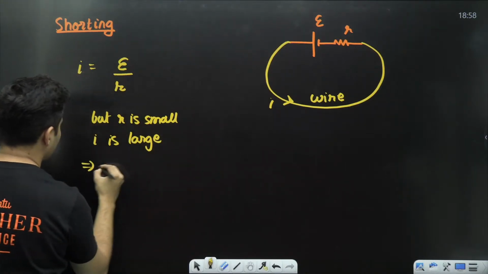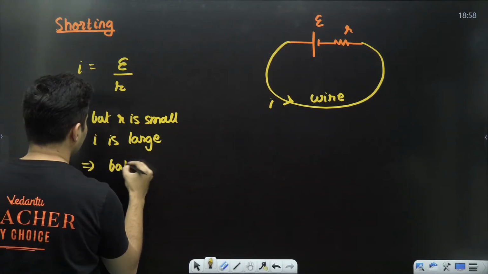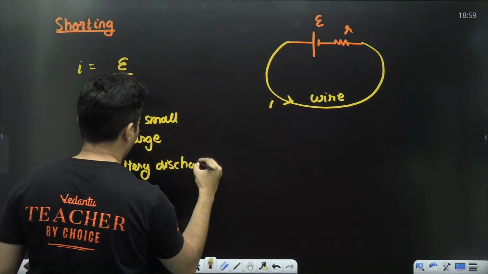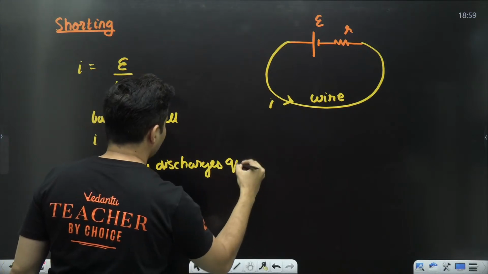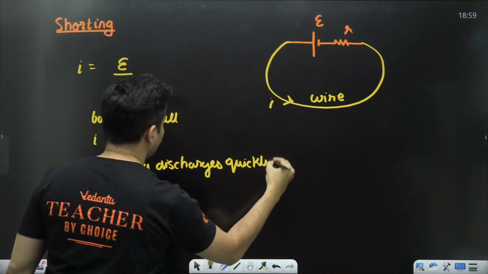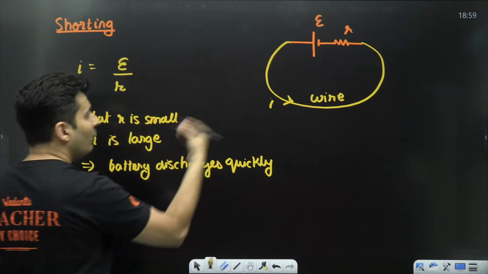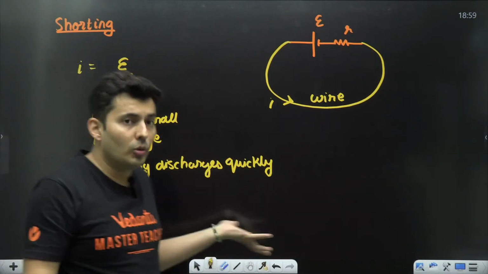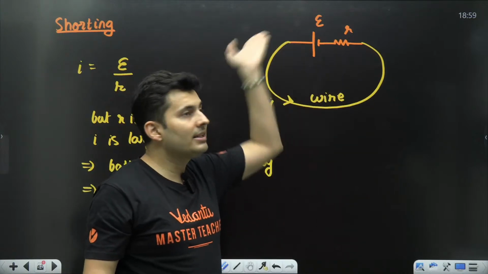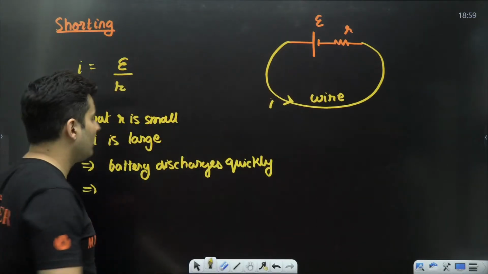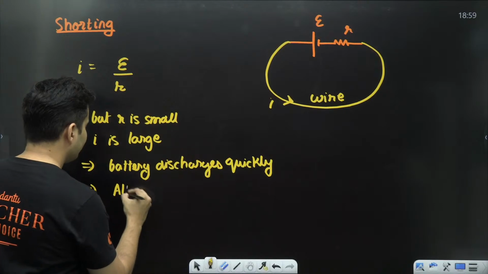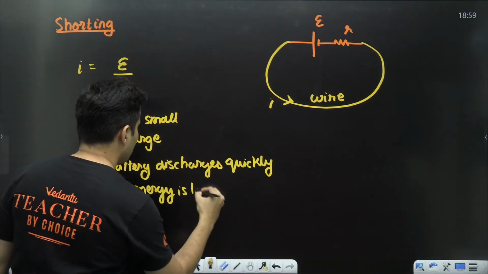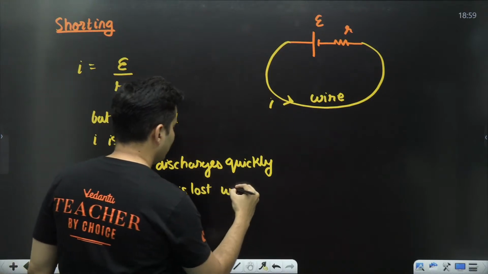So that means the battery discharges quickly, and as it does, where does it lose that energy? All that chemical energy will go against whom? There is nothing external, it is internal only. All the energy is lost as heat within the battery.